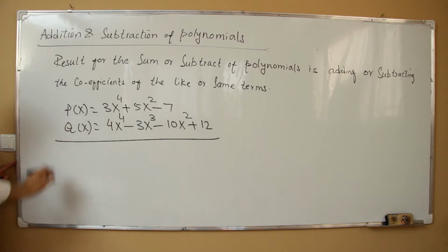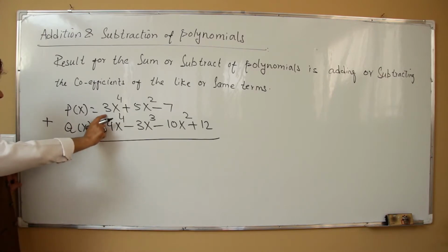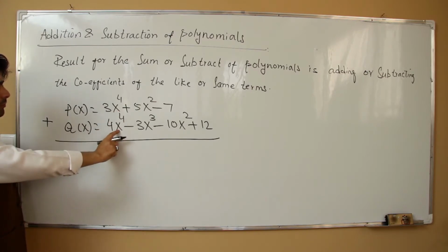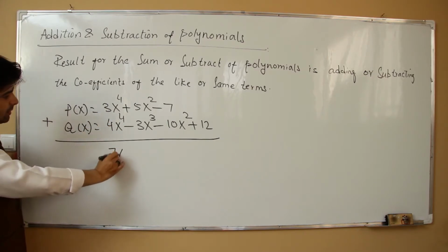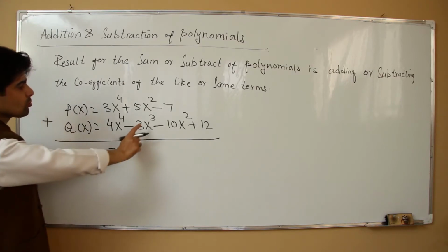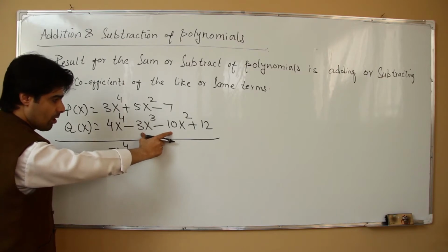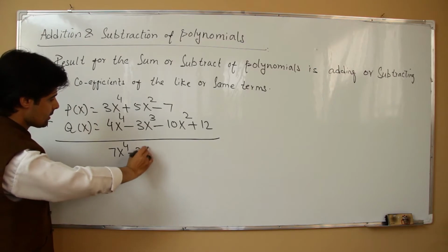Now, in order to add them up, you have to add the coefficients of the same or like terms. It means we have x to the power 4, we have x to the power 4. Then add these coefficients: 3 with 4, it is 7x to the power 4. We do not have any x cube in P(x), and we do not have x cube in Q(x) either. So write it once again.